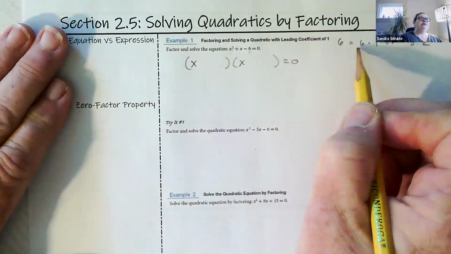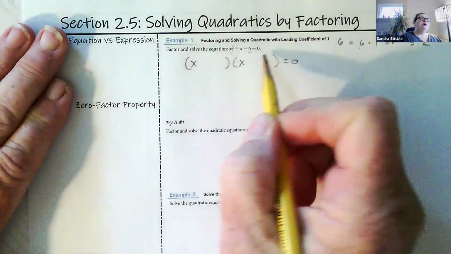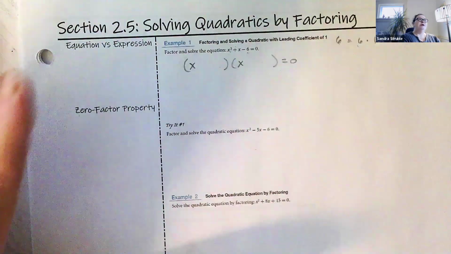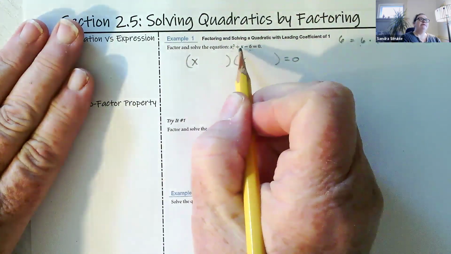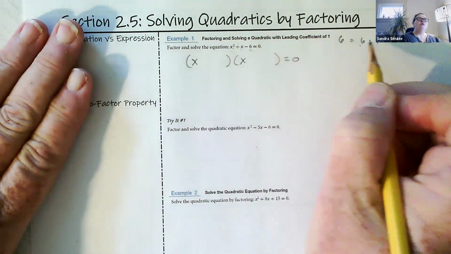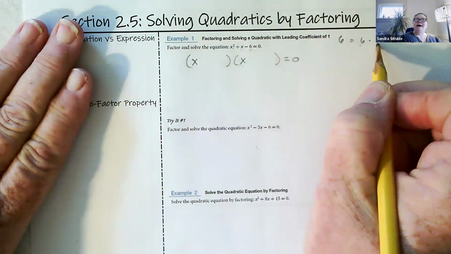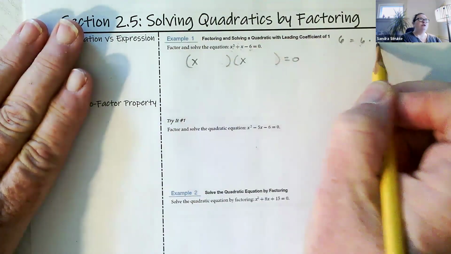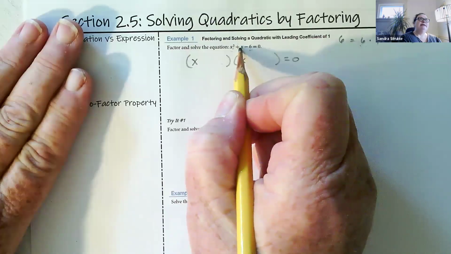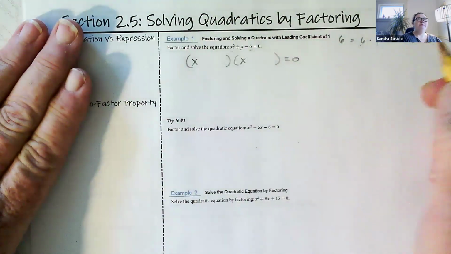Based on these two numbers, their addition or subtraction would need to give us a positive 1. So if I added 6 and 1 or subtracted 6 and 1, I cannot get 1 for an answer because the coefficient of this x is 1. I need the subtraction or addition to be 1.